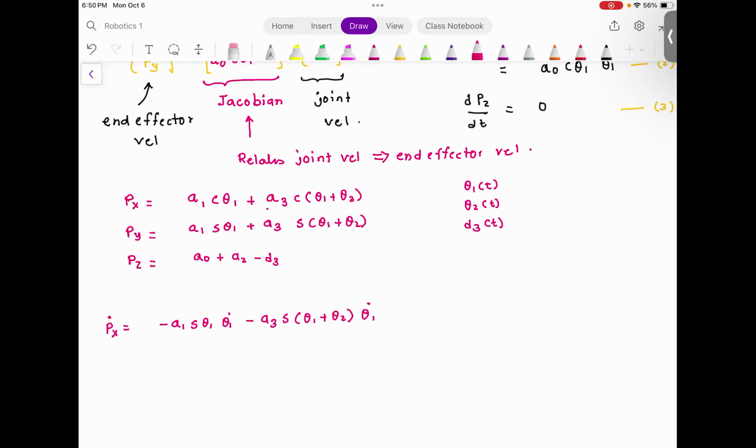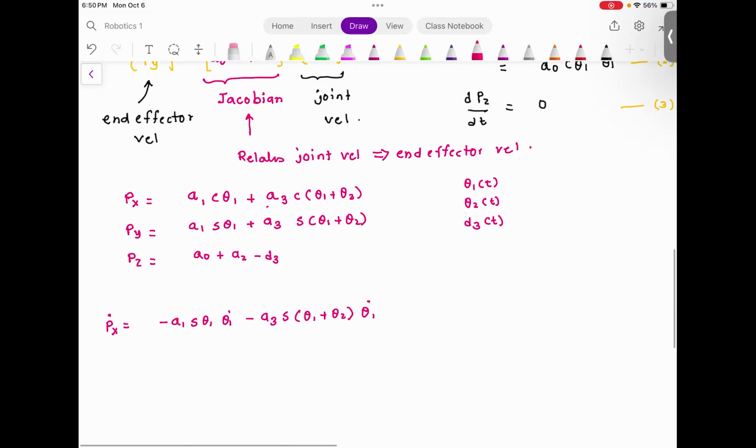You agree with me or no? And A3 is constant, so you have to take the derivative of this whole term. So the first derivative with theta 1 dot, minus A3 sine of theta 1 plus theta 2 theta 2 dot. You agree with me? Yes or no?